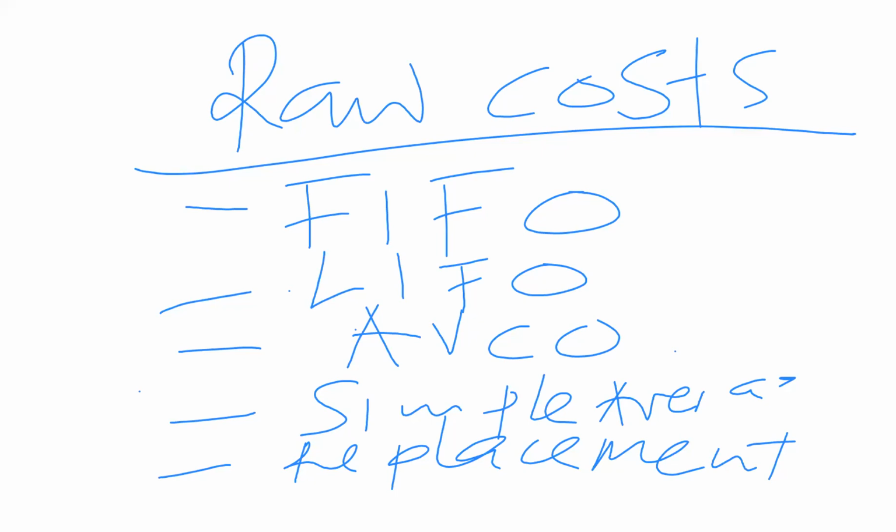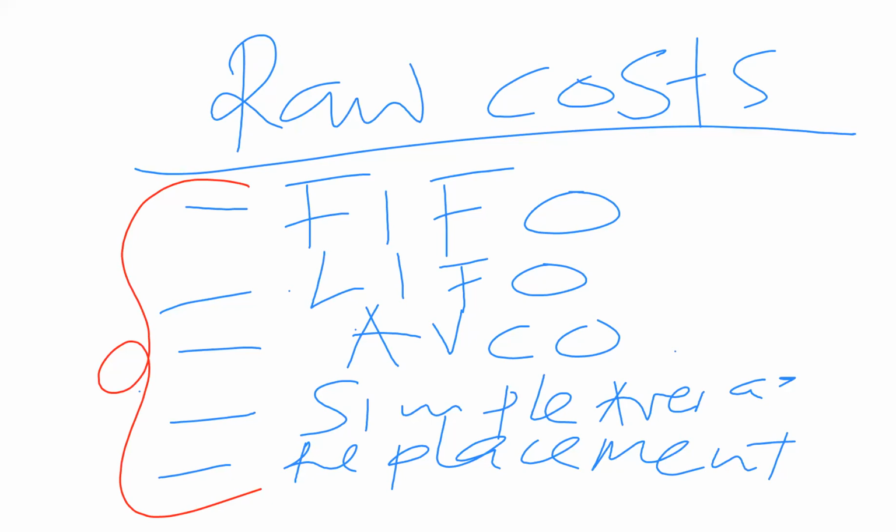Let me be plain a bit. You see, the way we value the inventories: when you bring the inventories into the warehouse, there are different methods that we use to issue those inventories out of the warehouse to go for production.